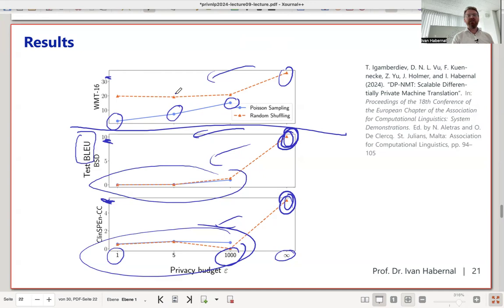So what does it say? Well, it says that if you ignore the formal requirements for privacy, for example, if you say, well, I'm going to do DPSGD, but I don't do the Poisson sampling, I just do the random sampling, you get better results, of course. But you're basically breaking the formal privacy guarantees.